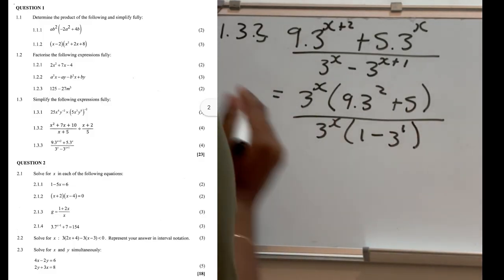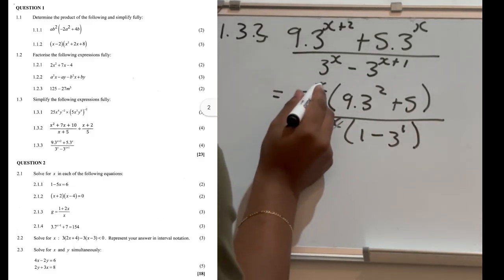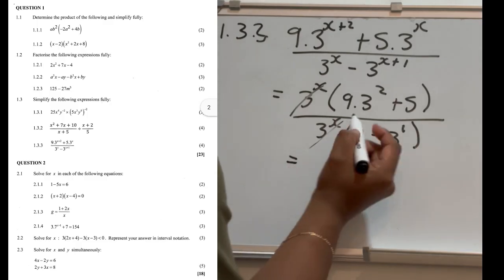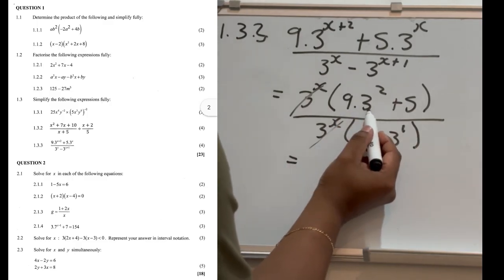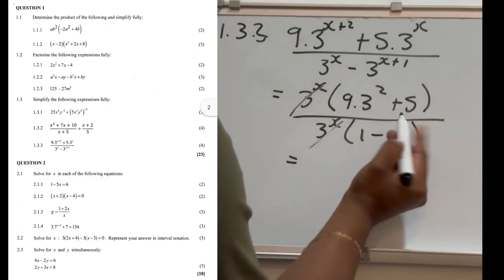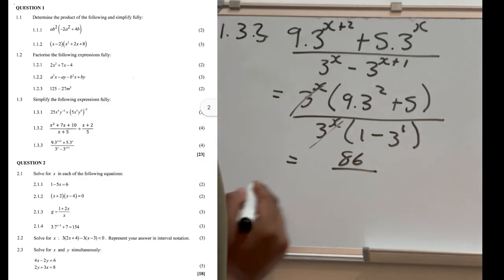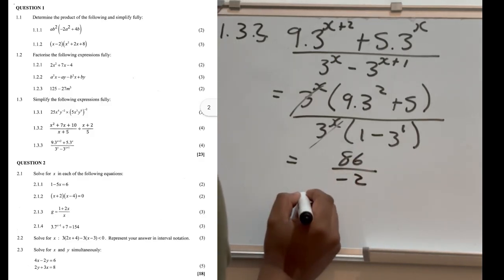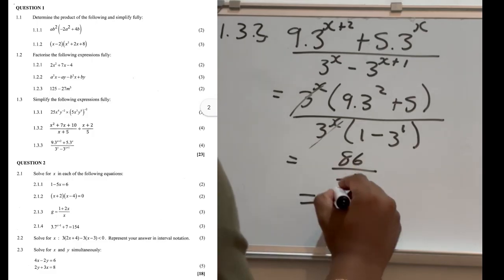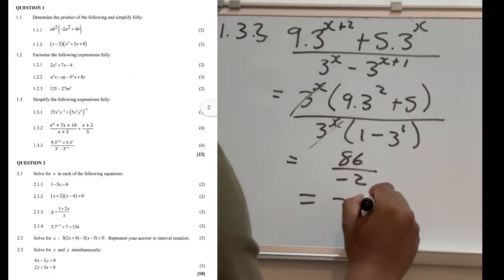Okay, so then these x's cancel over one another. So then we're going to have 9 times 9, which is basically 81, plus 5 is 86, over 1 minus 3 is minus 2. So your answer is just going to be minus 43.